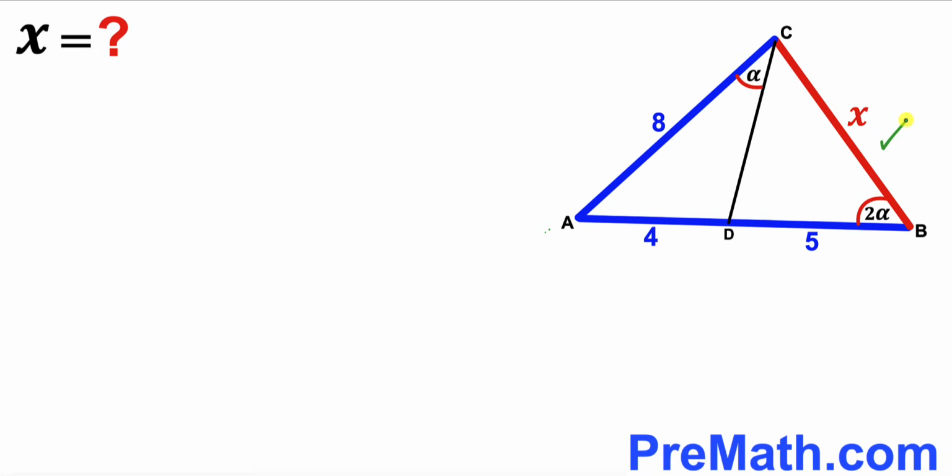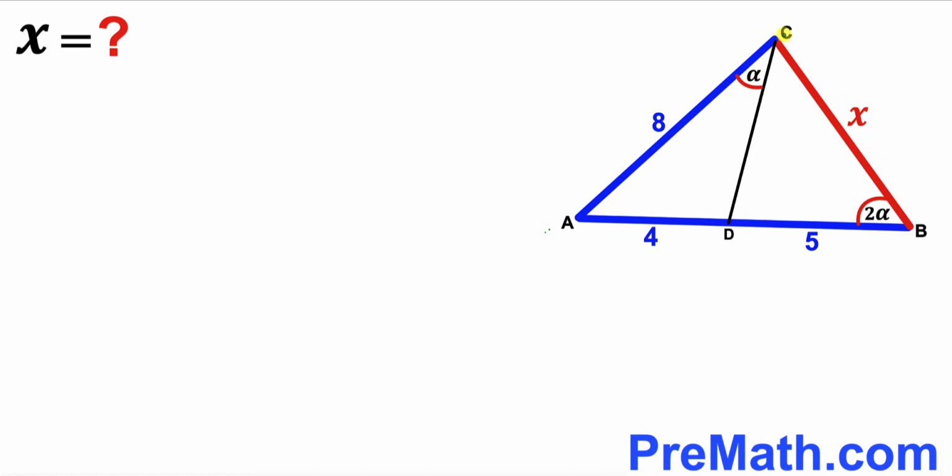See in this given diagram, such that this segment AD length is 4 units, whereas this segment BD length is 5 units. And moreover, this side AC length is 8 units.